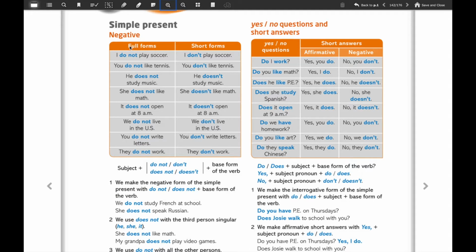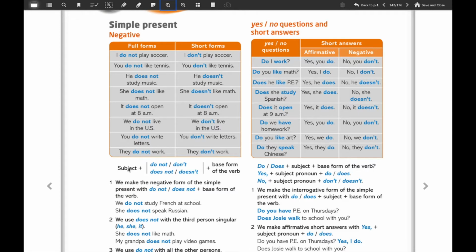Okay, so here we have full forms and short forms. You have to remember that this is forma completa, forma cortita, forma cortada, okay? So, the structure or the formula says that we need to use a subject. But you can say, Miss, I don't know what a subject is. Ustedes me podrían decir, Miss, no sé lo que es un subject.